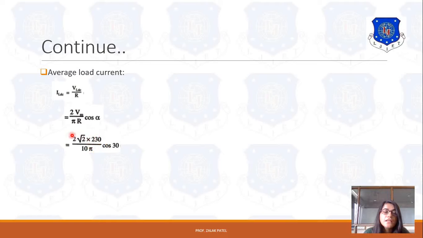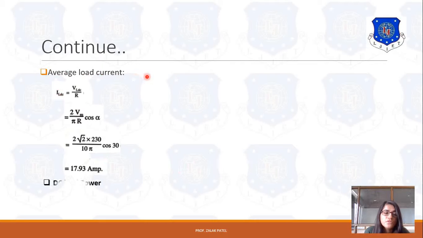So 230 into root 2 into 2, divided by 10 pi, because the resistor value is 10 ohm, and the firing angle is 30 degrees. So 2 root 2 into 230 upon 10 pi into cos 30 will be equal to 17.93 ampere. This is the first answer, the average load current.